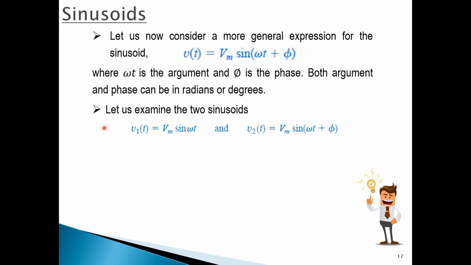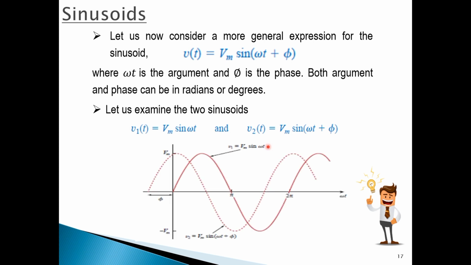Now let us examine the two sinusoids. v1 of t is equal to Vm sine omega t, and v2 of t is equal to Vm sine omega t plus phi. If we graph these two sinusoids, we will have this kind of graph.